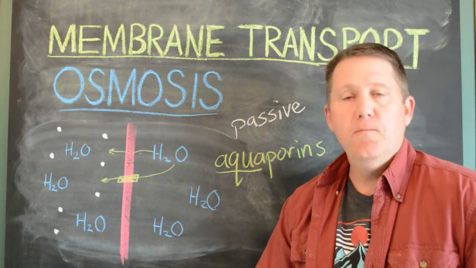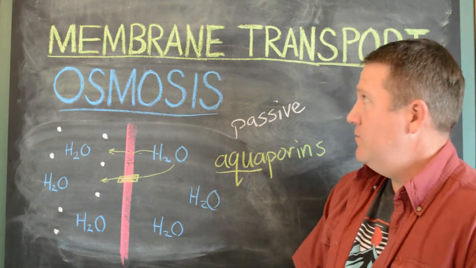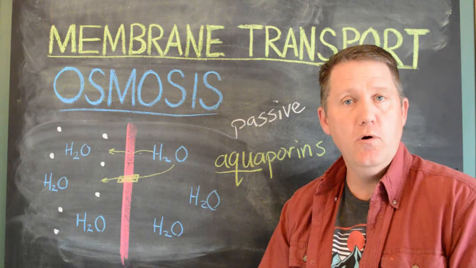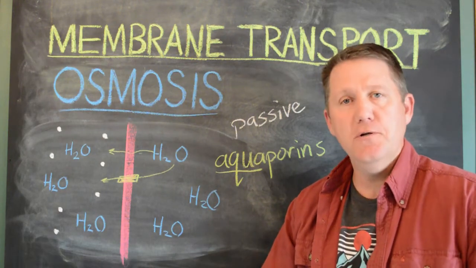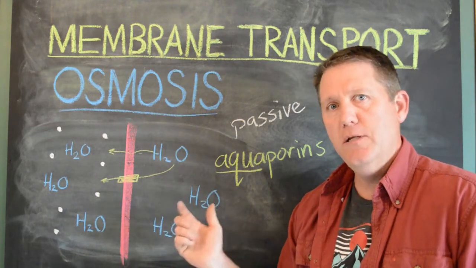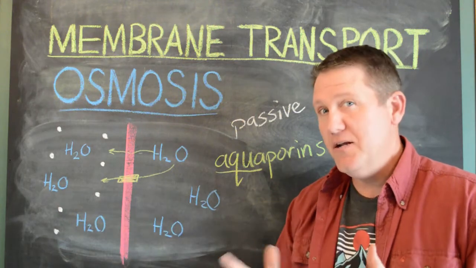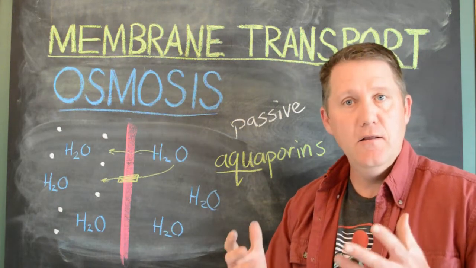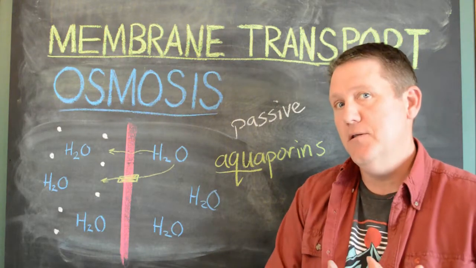So the big question is, what drives the water movement? With other types of passive transport, we talked about diffusion, things moving from a high to a low concentration. But what about with water? I said these concentrations were not terribly different. It's usually the solute concentrations. And there's a lot of stuff dissolved in the watery fluids within our bodies, whether it's inside or outside the cell.